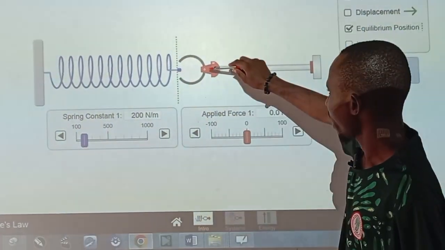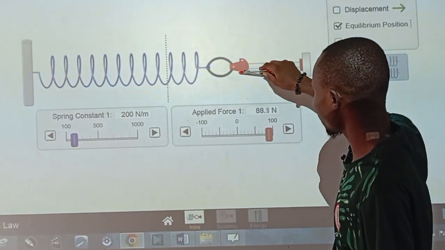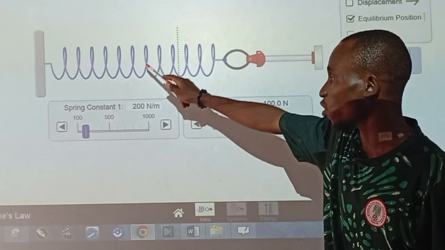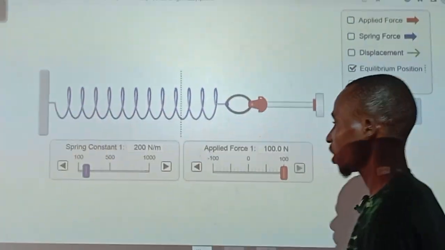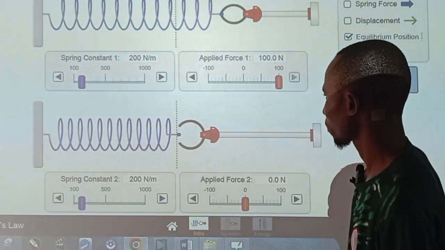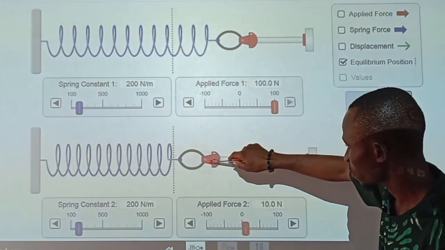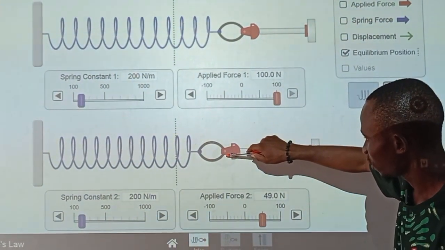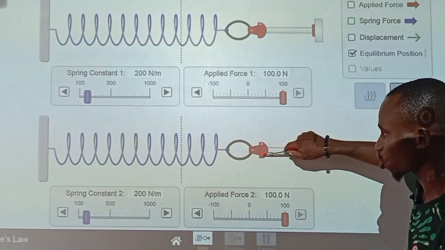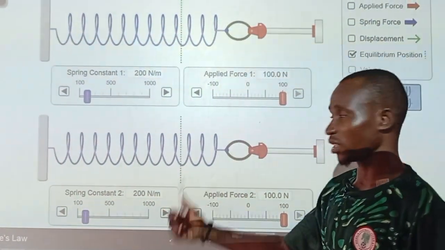So if I apply force in this direction, you see, it is causing an increase in the length of this spring, right? Okay, if I have two springs, the same thing, if I apply force, it causes what? An increase in the length of the spring.